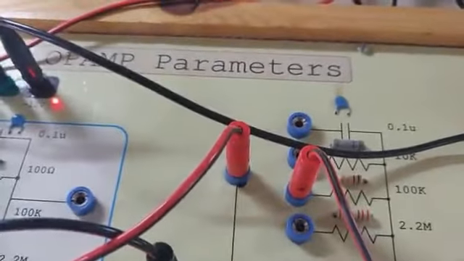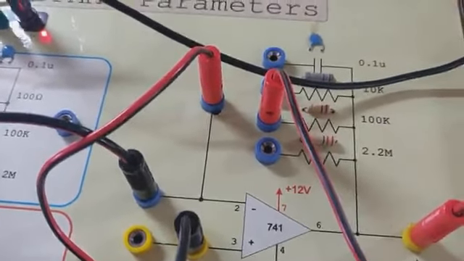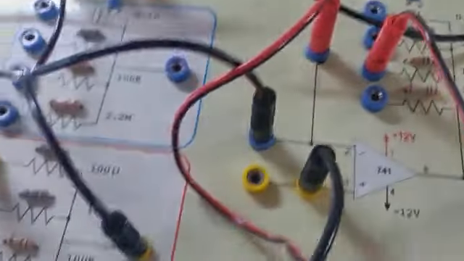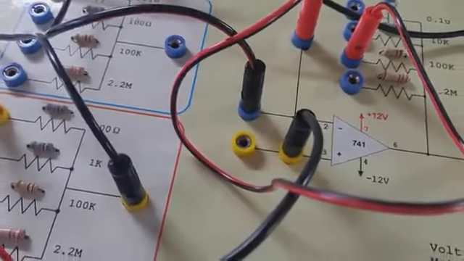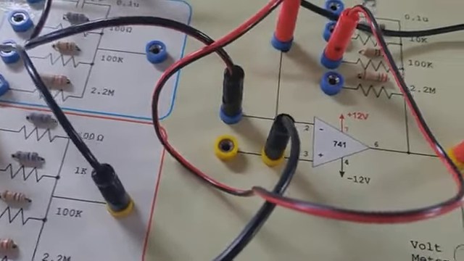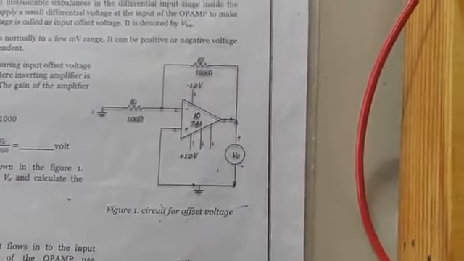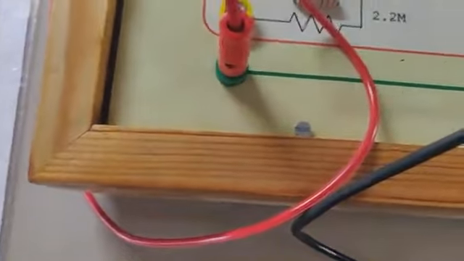This way, we are going to study the input offset voltage of this op-amp. Now, what is the input voltage we have given here? The input 1 at the inverting terminal, through the 100 ohms resistance, is connected to ground. So the input voltage V1 is 0.